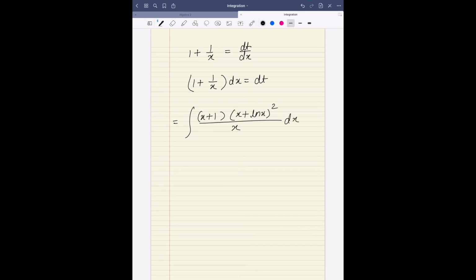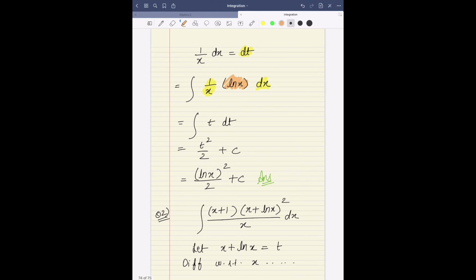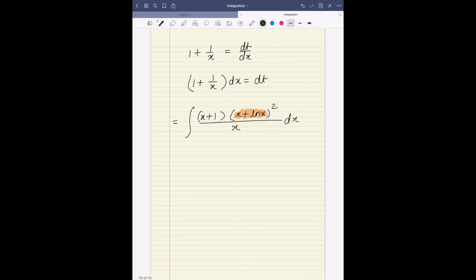So color coding again, because it's a little tricky in the beginning to see what is being replaced. 1 plus 1 by x dx is equal to dt. We don't know that, but we know that x plus ln x is nothing but t, right? So this was our equation 1. We know that x plus ln x is t. So you replace t over there.